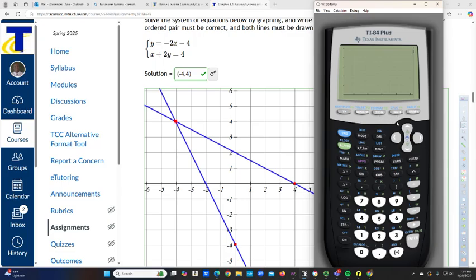My calculator was set for something different, so let me fix my window. Just made a stats video and I never changed this back. So give me 1 second to change this back. Bear with me.